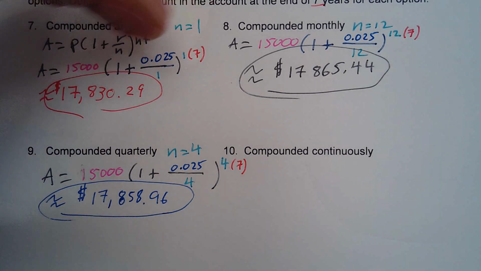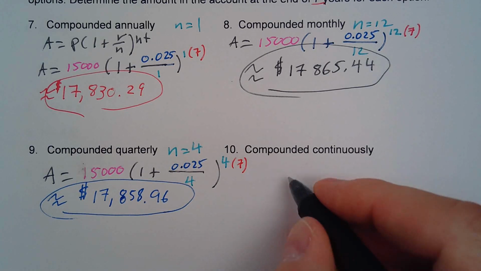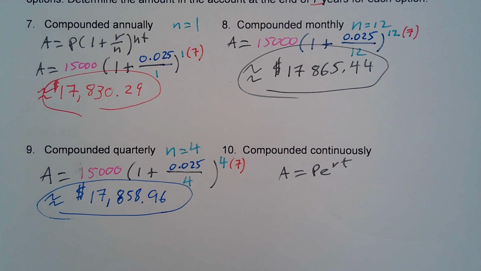So for 7, 8, 9, they're giving me what's compounded. I'm just using the formula. All I'm doing is changing the value of n. The last one is compounded continuously, that's when we have to use the other formula. A equals P e to the RT.